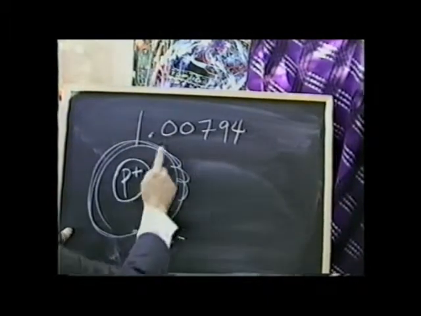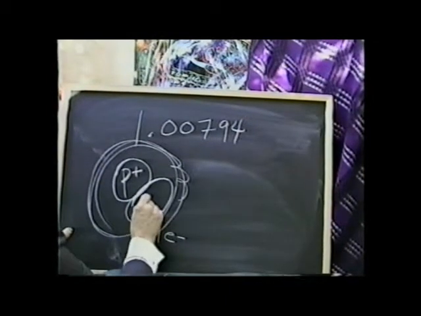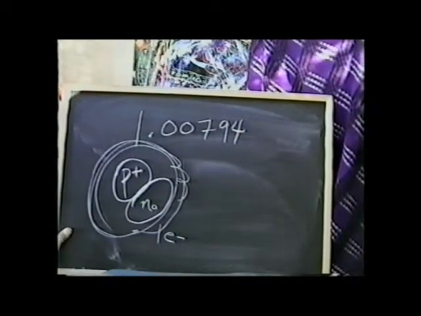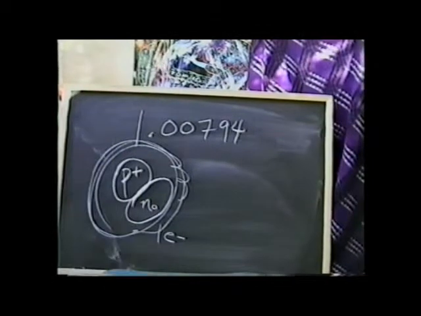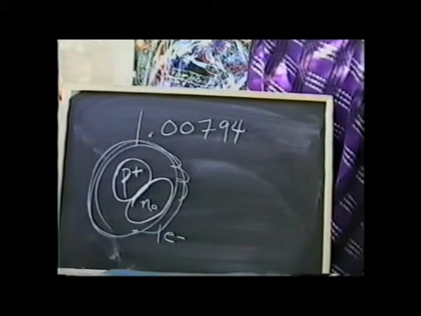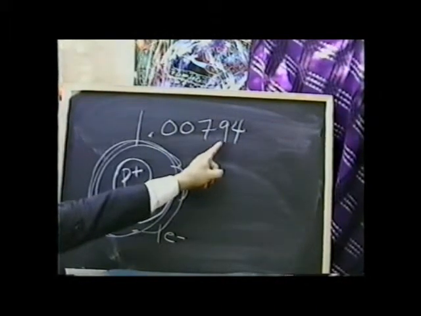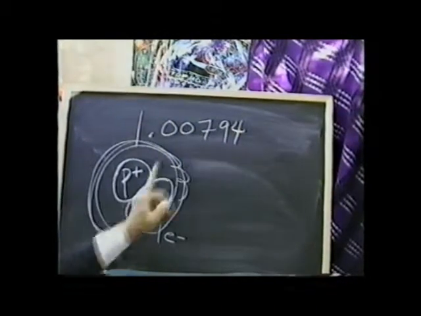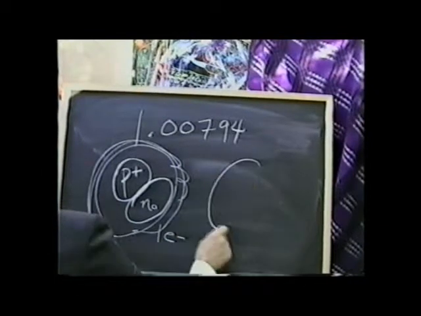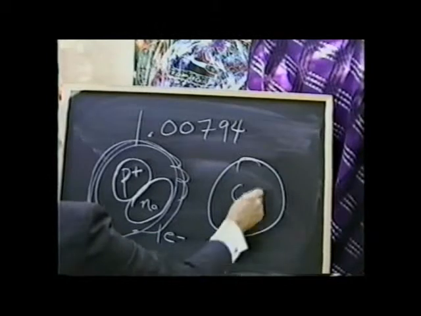Well, ever so often what we find is there's a neutron, given the symbol n0. What a neutron turns out to be, close enough, is the mass of a proton and an electron. And that's why it doesn't turn out to be a 1.0000. And the 794 actually is from an even smaller percentage of water.